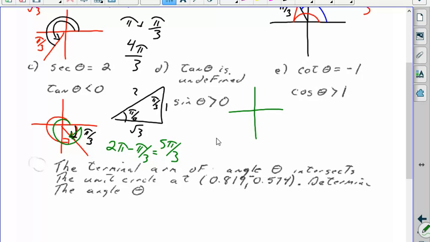Tangent is only ever defined on either this point or this point up here. So since we're talking about between quadrants 3 and 4, we're here. Tangent is undefined on the y-axis. So theta in this case is 3 pi over 2.